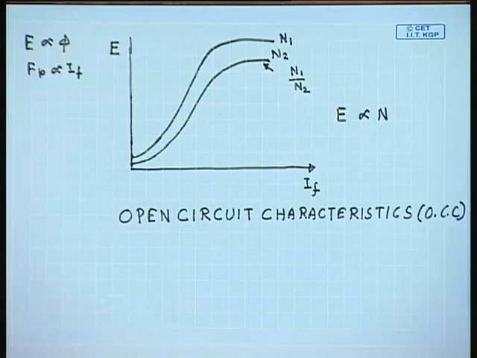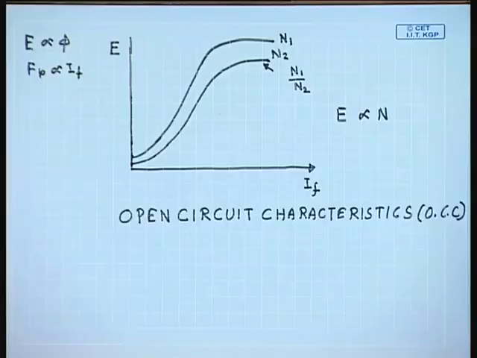A few other things: while determining the OCC, the field current should be either continuously increased or decreased. It should not alternate, because if it alternates, then the flux in the core will show local hysteresis and will introduce error in the OCC.